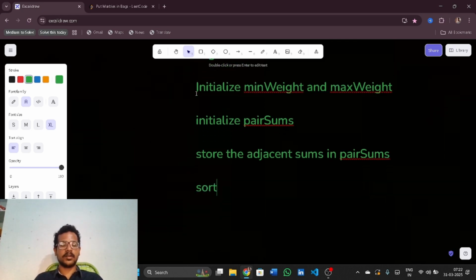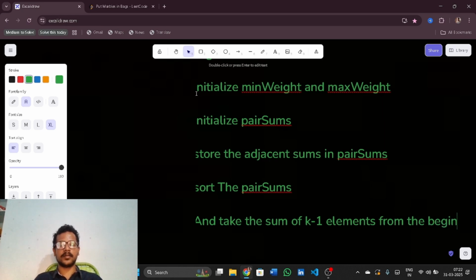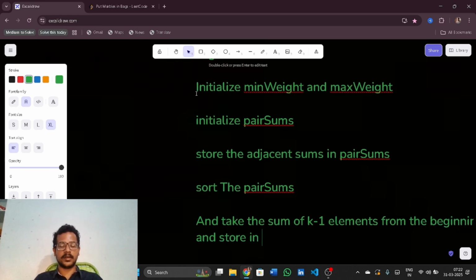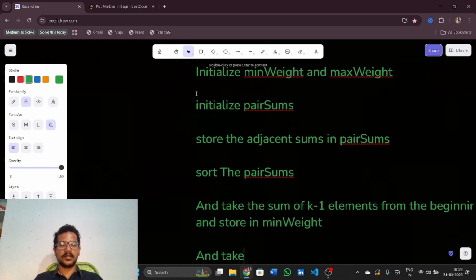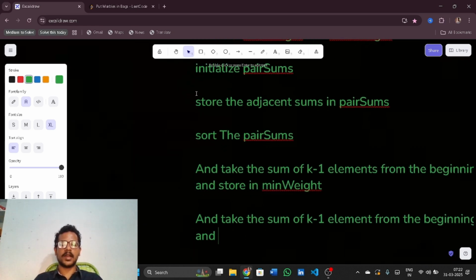After that, sort the pair sums and take the sum of k minus 1 elements from the beginning and store in min weight, right? And take the sum of k minus 1 elements from the end and store in max weight.